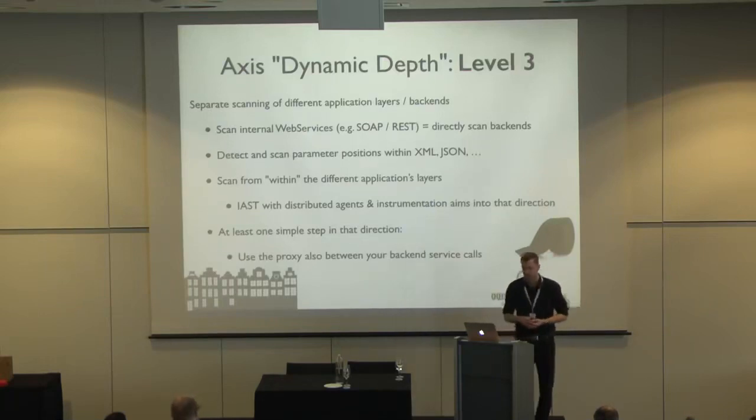And the idea of the green belt, level 3 in the dynamic depth access would be to scan all these internal backend web services, being it SOAP or REST, directly as well.